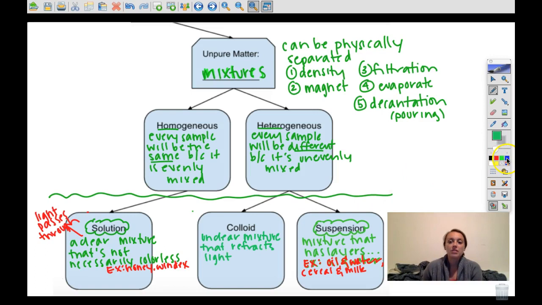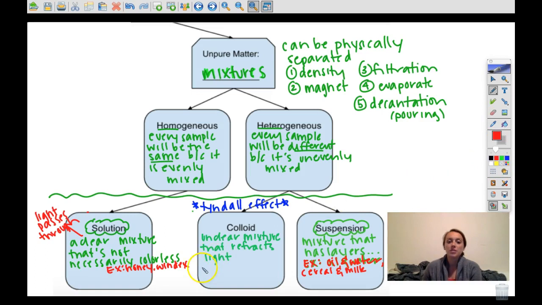And it fails something called the Tyndall effect. Where if we shine a light, like a flashlight, into a colloid, you'll see a distinct beam of light. And we'll explore this in our distinguishing liquid mixtures activity.